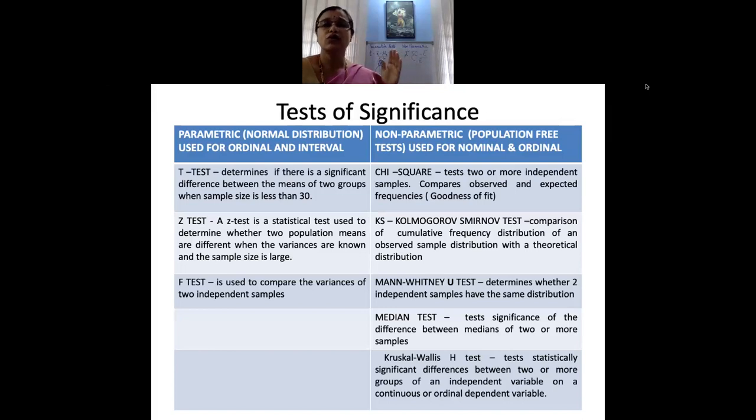Okay. Now one more thing is, if it is a normal distribution, then find out first what type of data you mainly have, and for what you are testing your hypothesis.